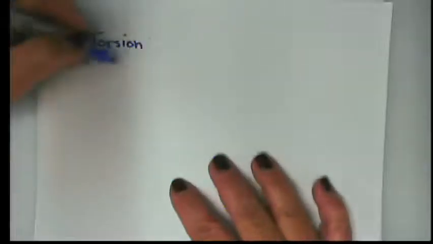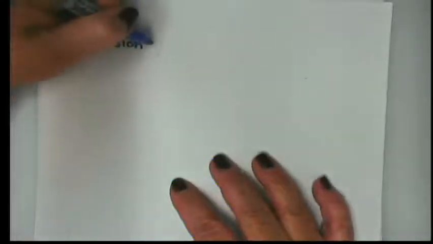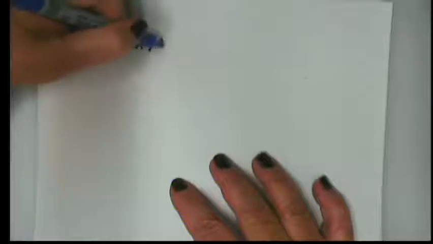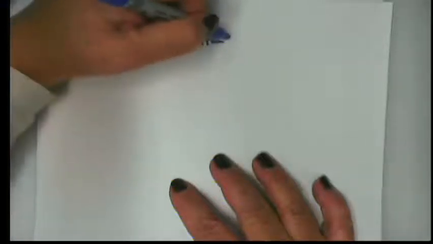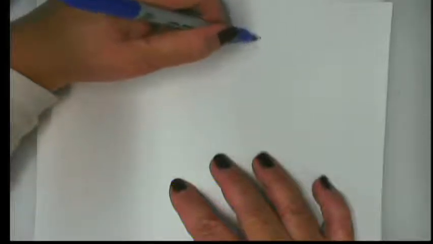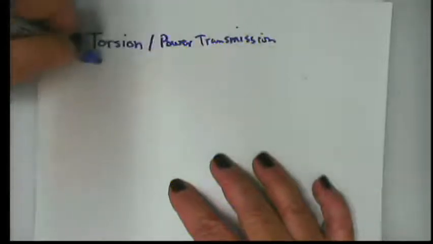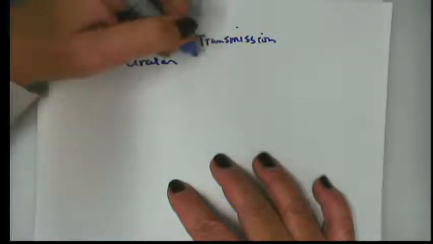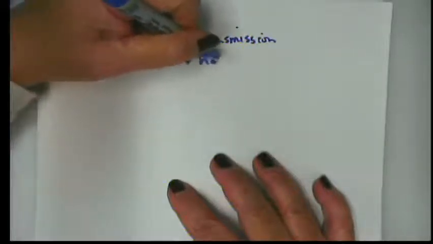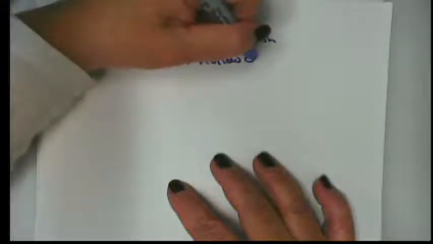So in this section, we talk about torsion, and we are going to talk about power transmission. These are the two topics, and the effects of both on circular and hollow circular shafts only.